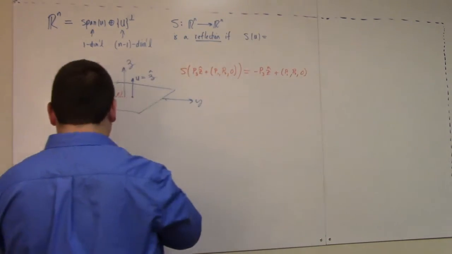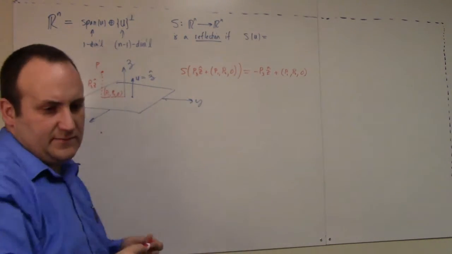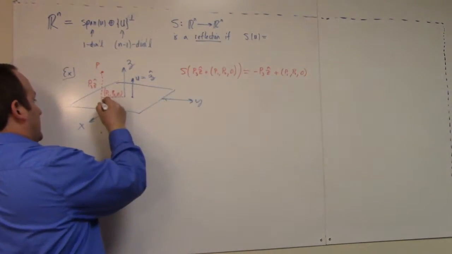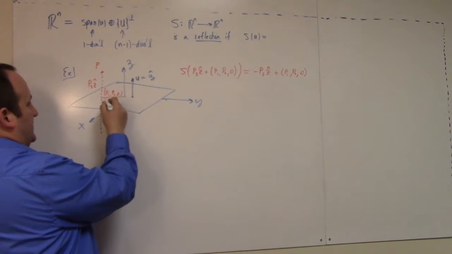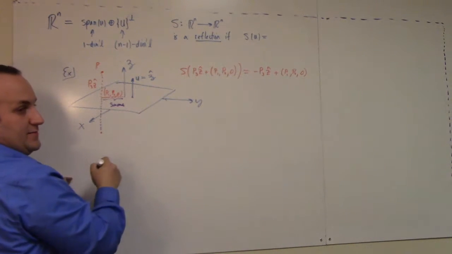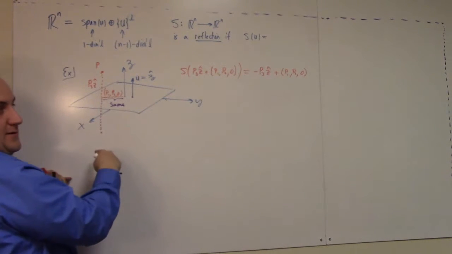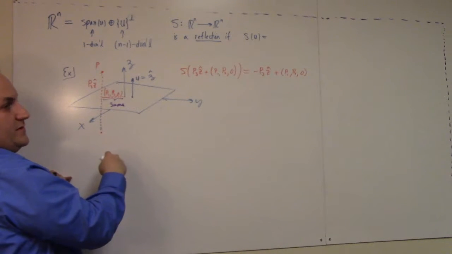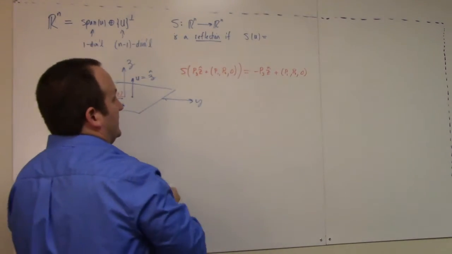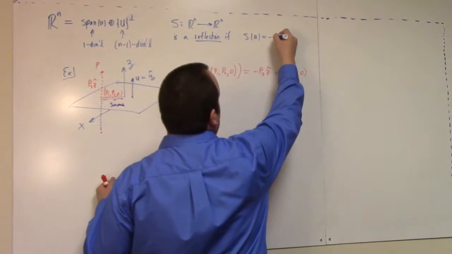In other words, if you look at what it's doing, what's the natural definition of reflection? It does nothing to this piece, this is just the same, right? But the z component gets flipped over. So the rule, the abstraction of this, is that S of u is minus u, right?